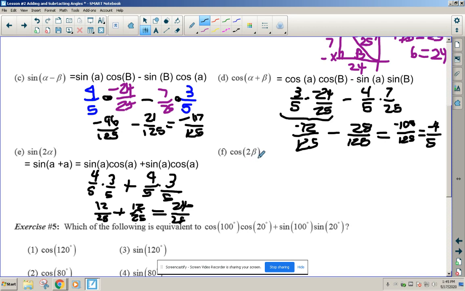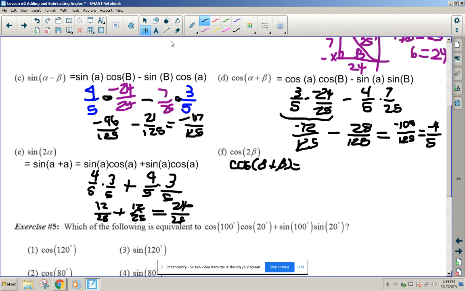Cosine of 2 beta would go from the cosine of beta plus beta. And if we follow the formula from above, this would be cosine beta minus sine beta.